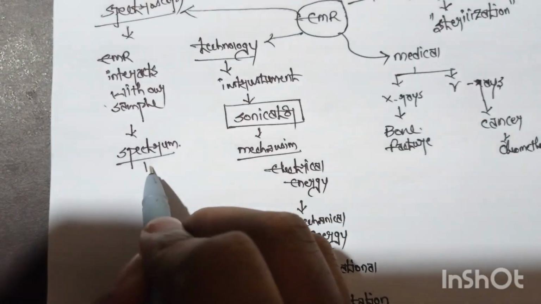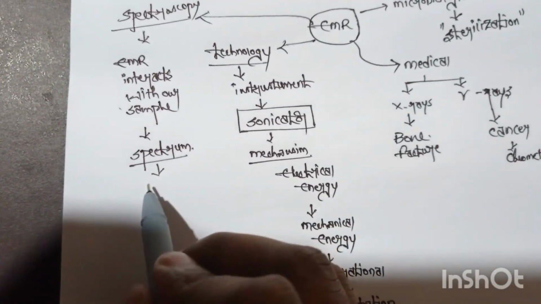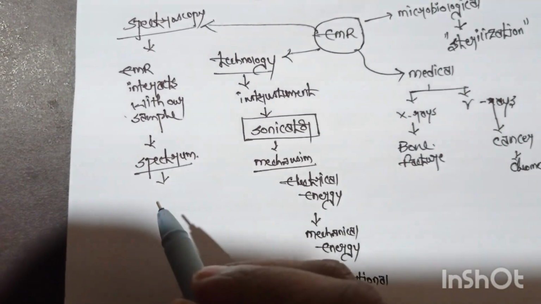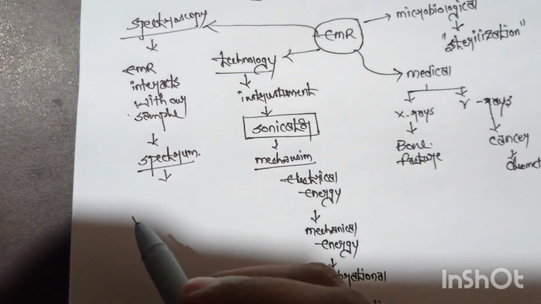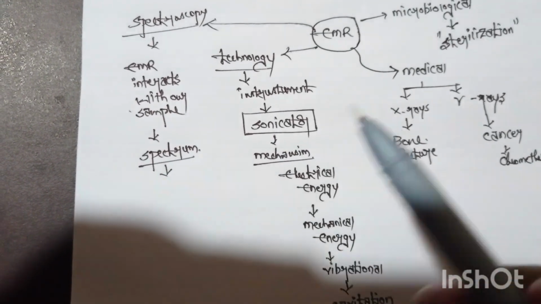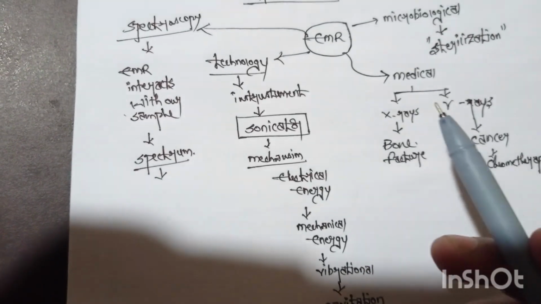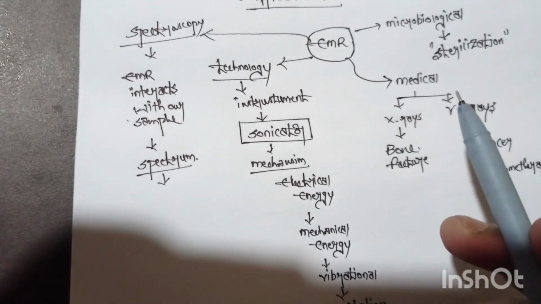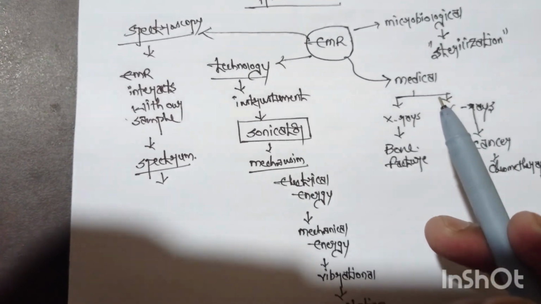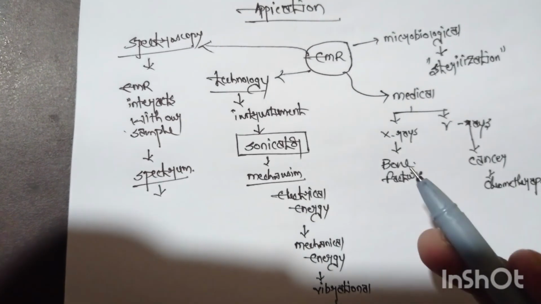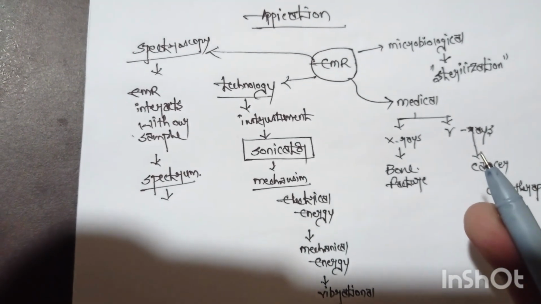From that spectrum we identify which molecule it is. Based upon the spectrum obtained from different spectroscopic techniques, the data will vary. For example, if it is an IR spectrum, functional groups will be estimated.